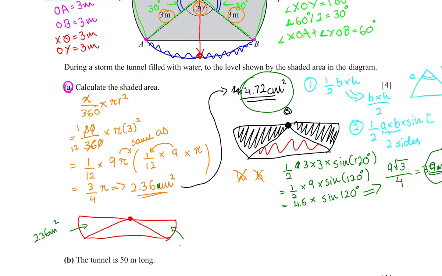And this is also 2.36 meters squared, and this is 3.9 meters squared. So when we add it all together, we get 4.72 plus 3.9, and when we add that together, we shall get 8.62 meters squared.